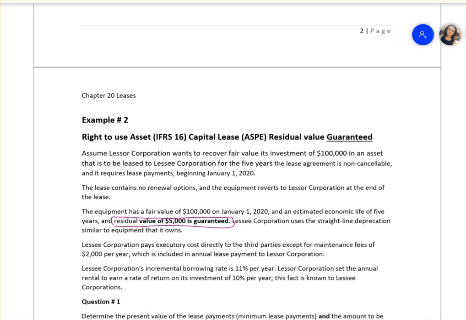So if we are the lessee, we're guaranteeing that 5,000. The only thing that changes is your present value, and your lease payment will change.